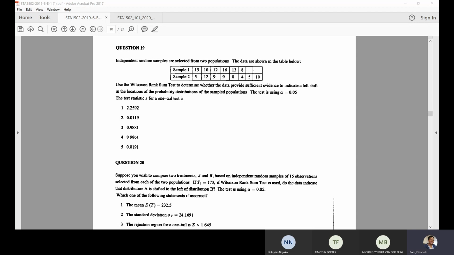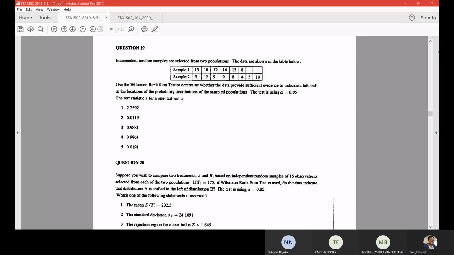What you will do with this one is order the values and give them the ranking. Once you are done, you sum each one of them. The T1 will come from the sum of those ranks, and that will be your test statistic for T1. So it will be the sum of the ranks of sample size 1.